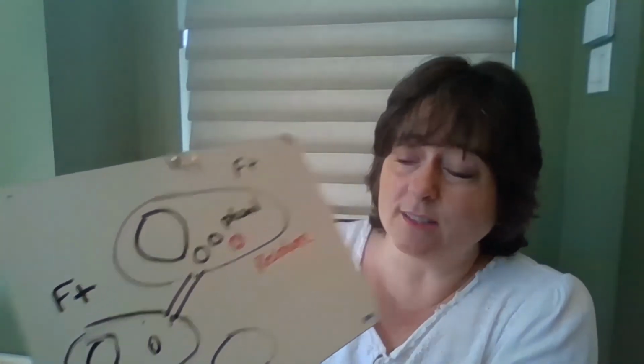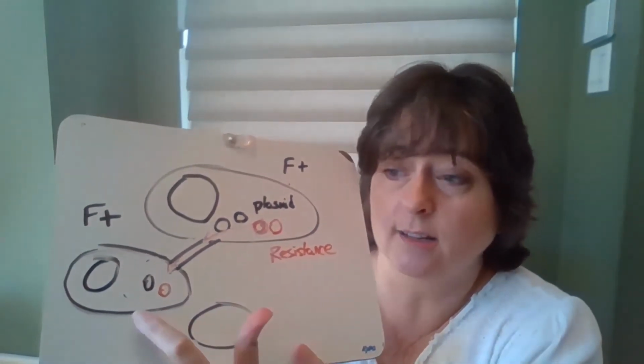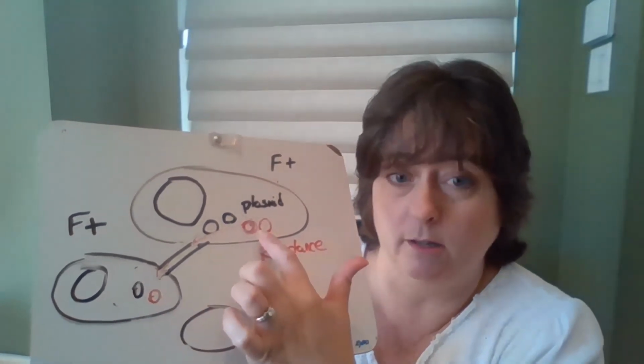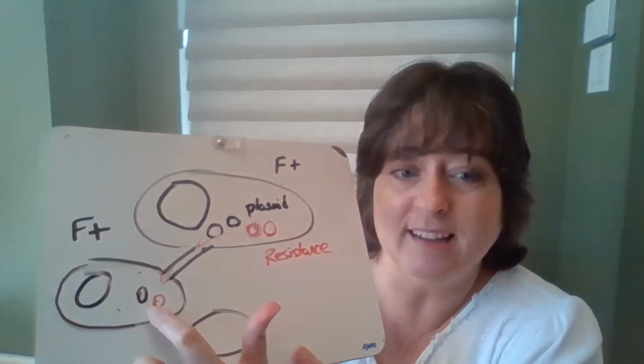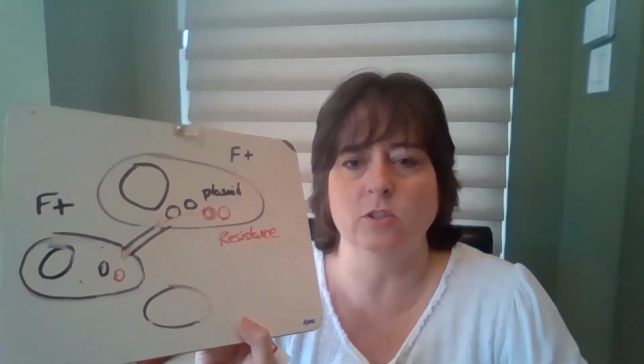Well, what also gets transferred are these resistance ones. Any plasmids will replicate and then also be able to transfer into that cell. This bacteria cell just gave the ability to be resistant to the same drug this one is. This is how we get those superbugs.